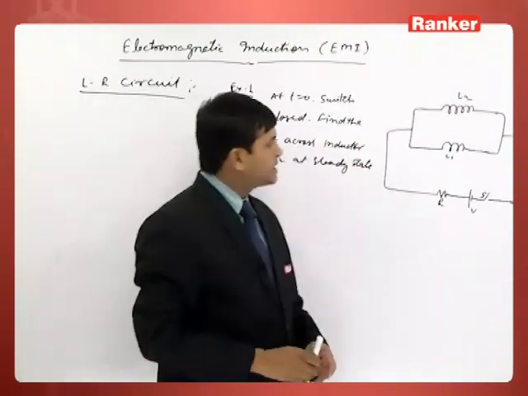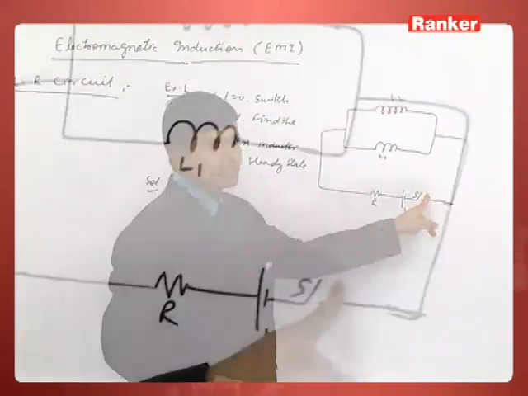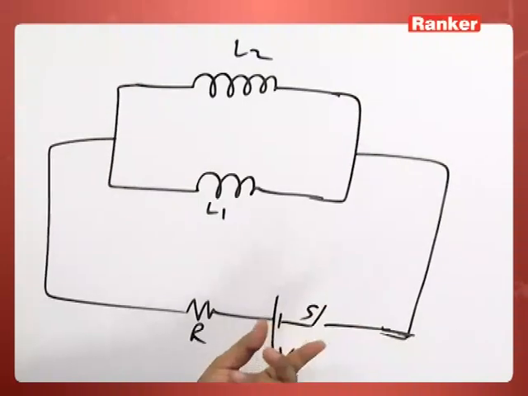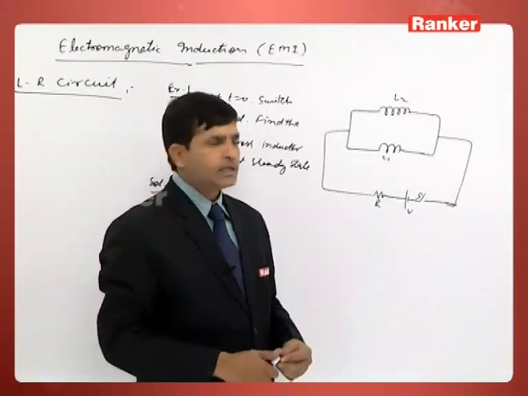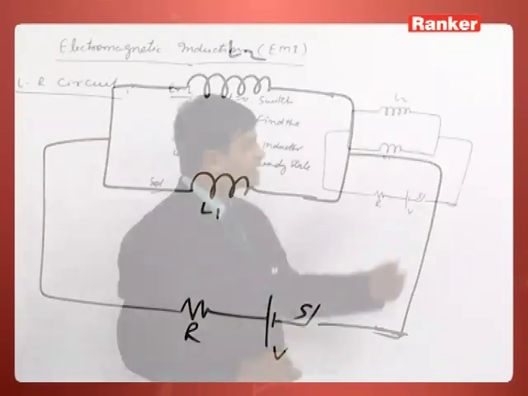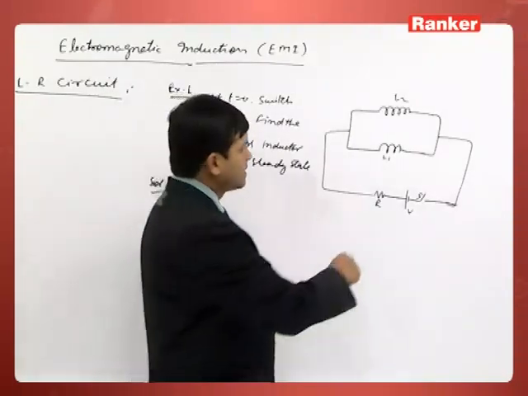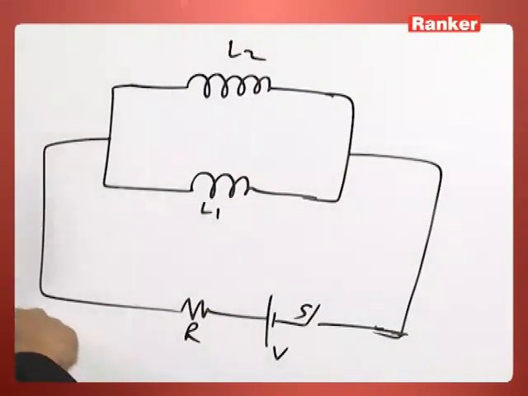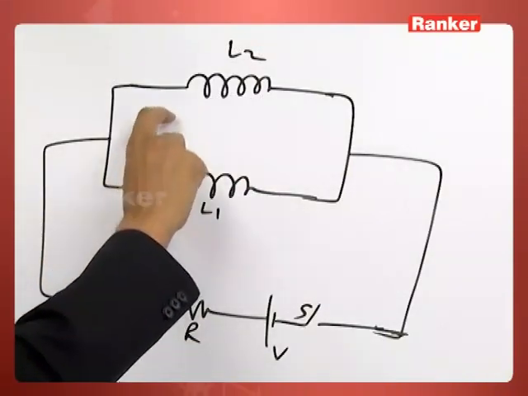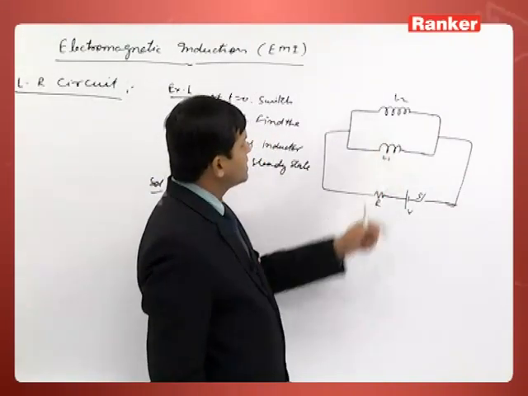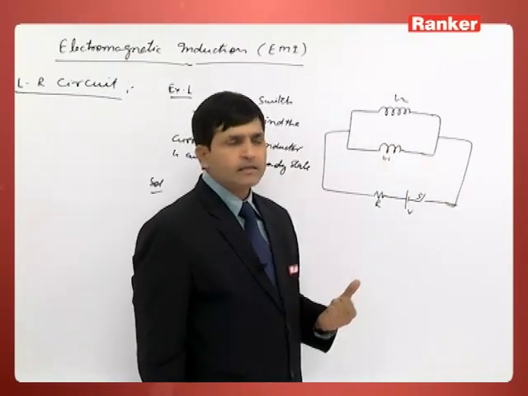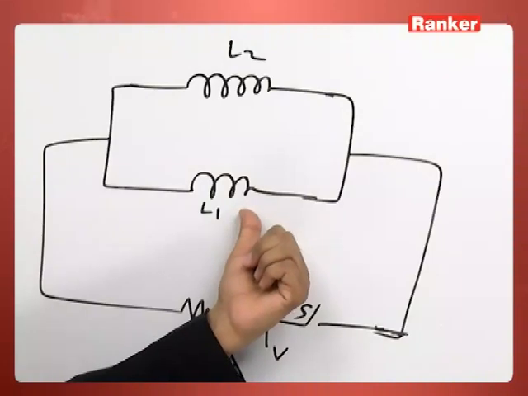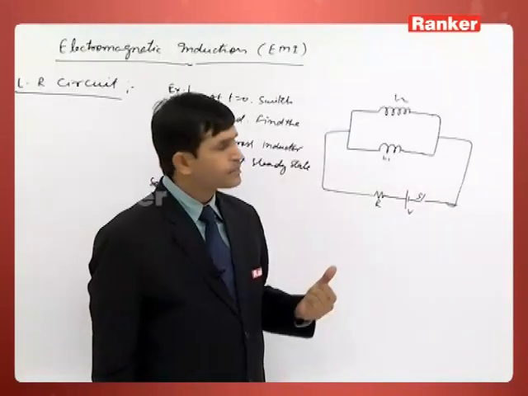As soon as the switch is closed, our EMF source creates a potential difference. Because of that, current is established here. As soon as the current starts increasing, these inductors oppose the change in flux, because the initial current was 0, so the initial flux was 0.